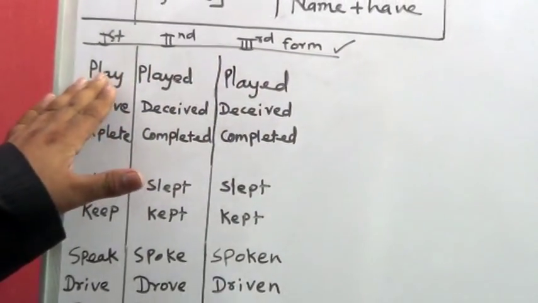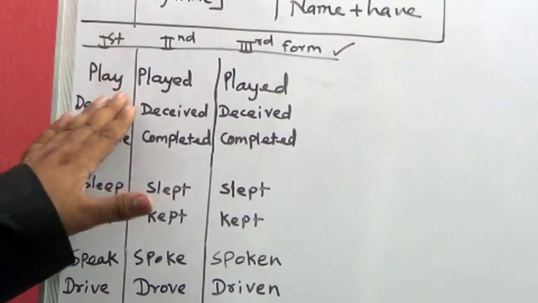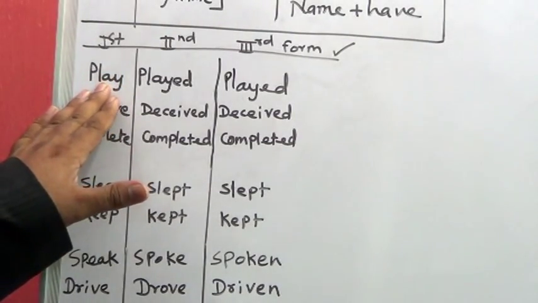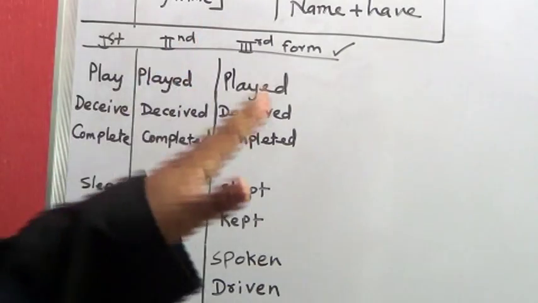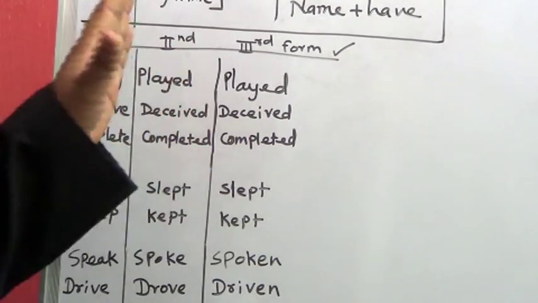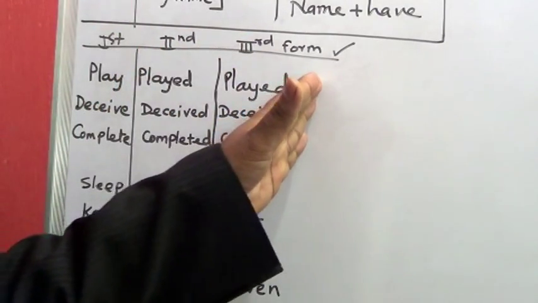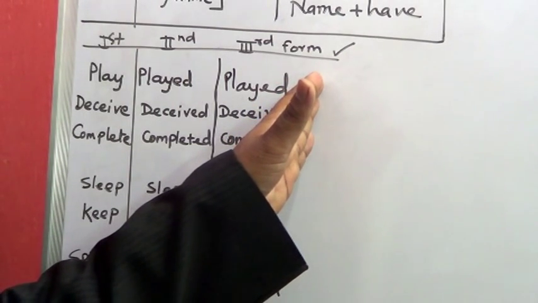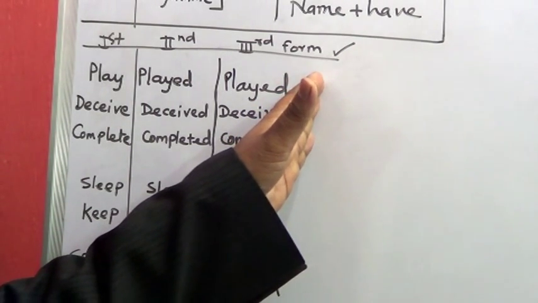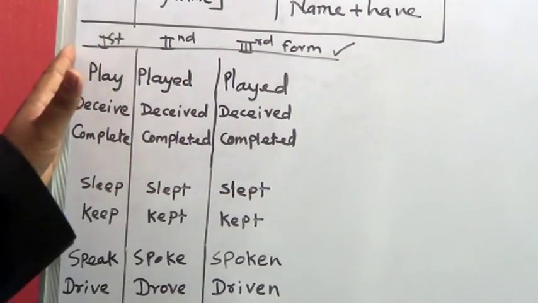So what we have done, we have added ed to the main verb, and with the help of that we have tried to find second and third form. So here the work is very easy. You can easily guess what will be the third form of the verb.